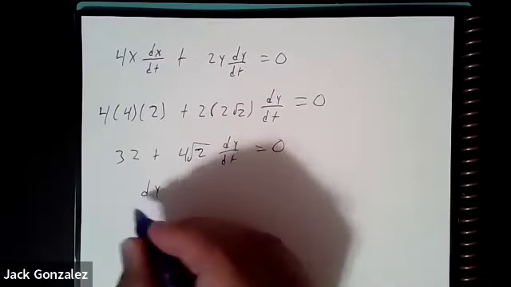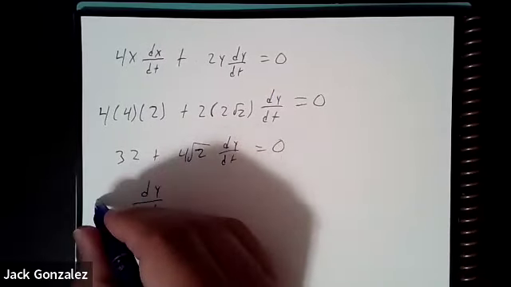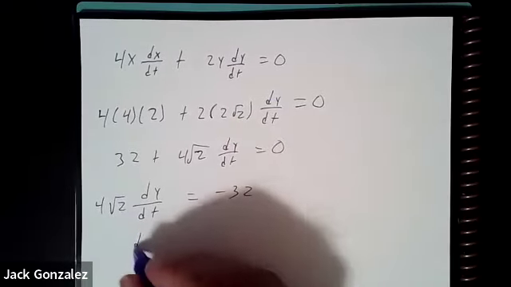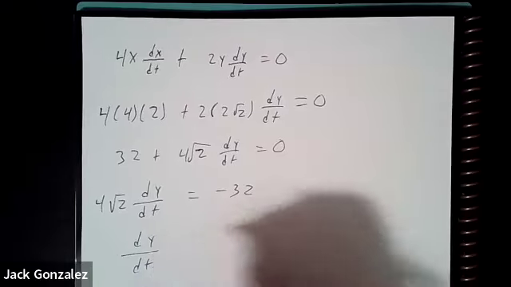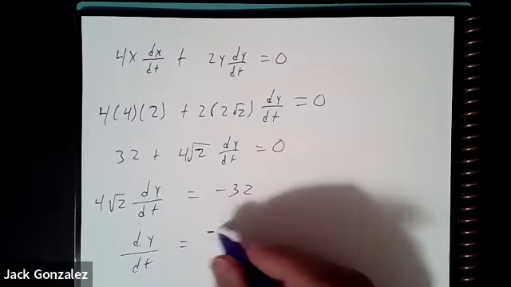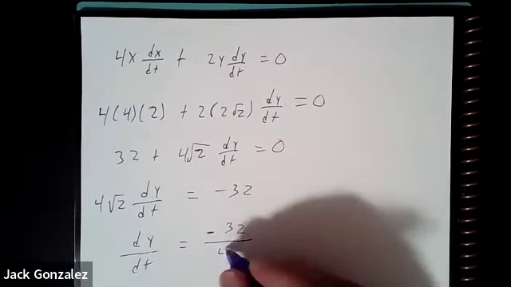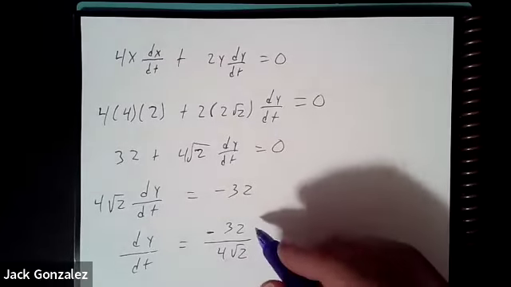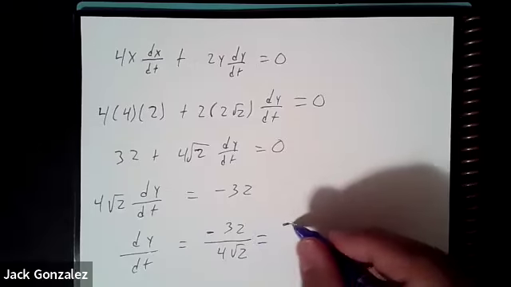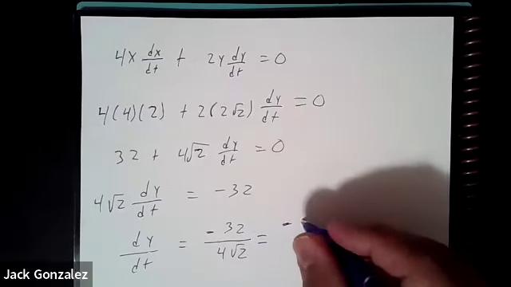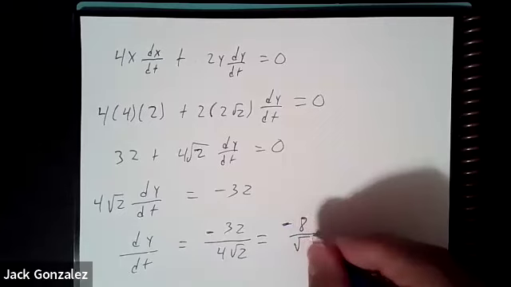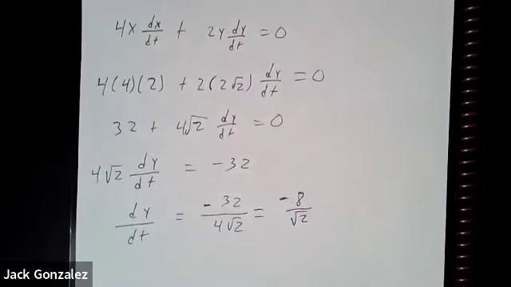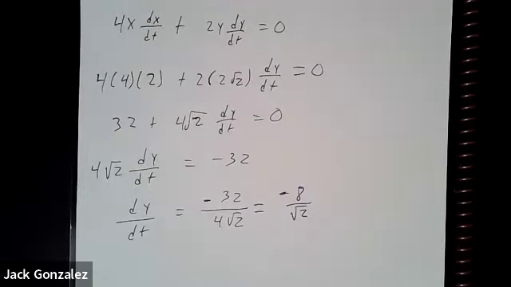So dy/dt is negative 32 divided by 4 root 2, which will be negative 8 over root 2, which I think is good enough, but they might make you rationalize.